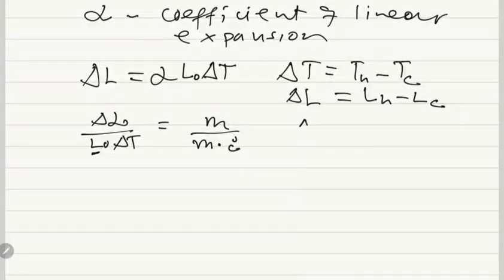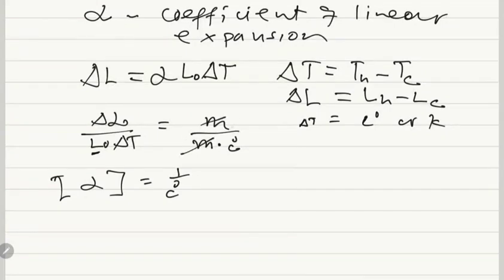Whenever you measure change in temperature, you can use degree Celsius or Kelvin interchangeably because they are the same in measuring change in temperature. So the unit for alpha, the coefficient of linear expansion, is 1 over degree Celsius, because meter cancels meter. We usually say alpha is per Kelvin or per Celsius.